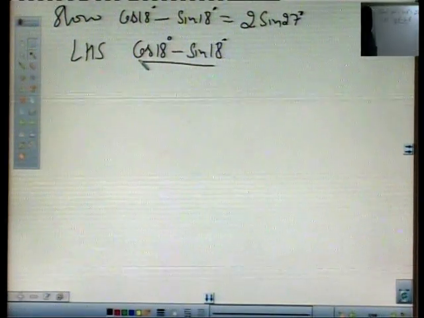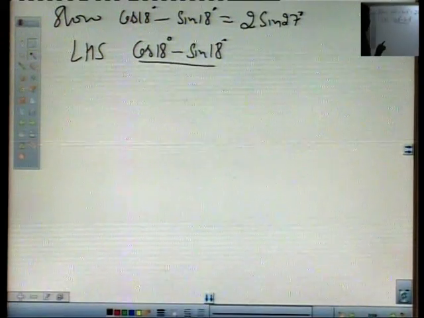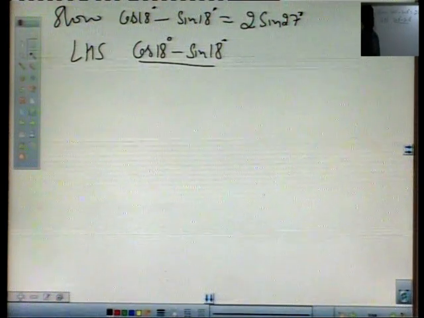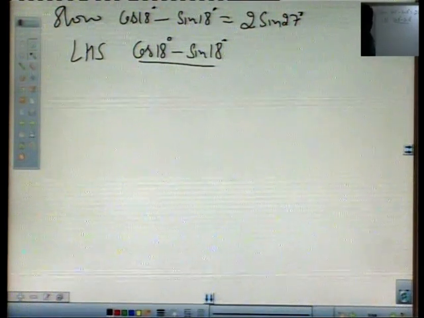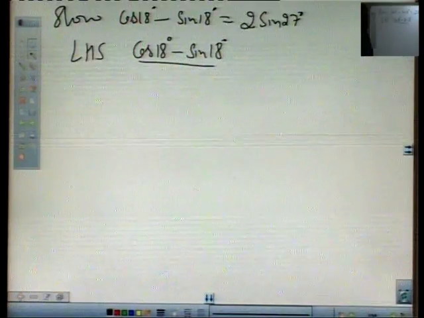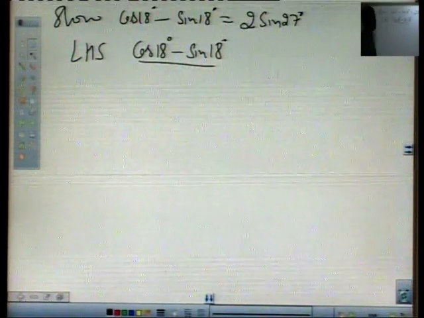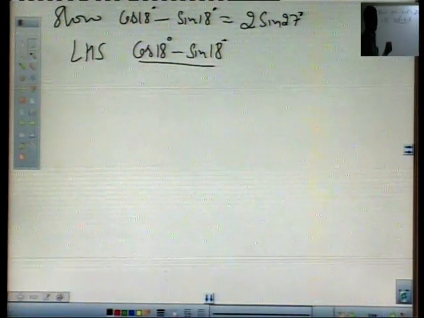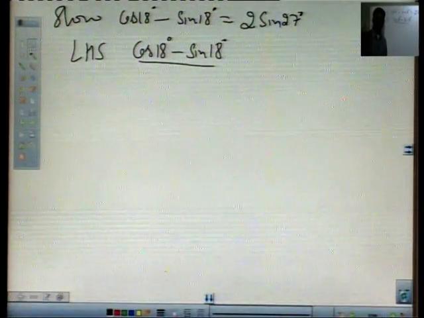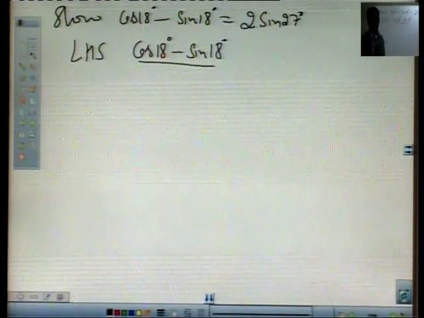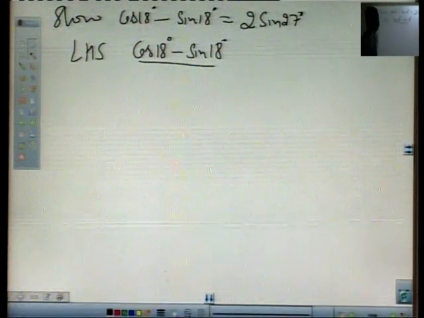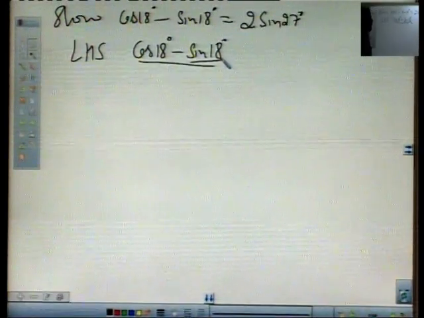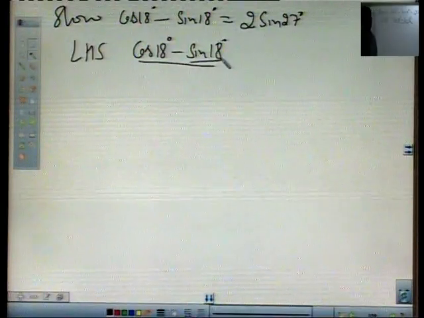Now remember, we have formulas for sin C plus sin D, sin C minus sin D, cos C plus cos D, and cos C minus cos D. We do not have any formula in the shape of cos C minus sin D or sin C minus cos D. So first of all, we have to transform this sin 18 degree to something in cos.